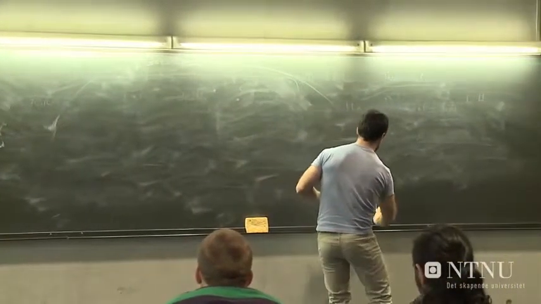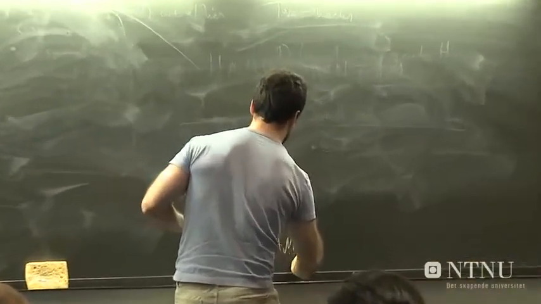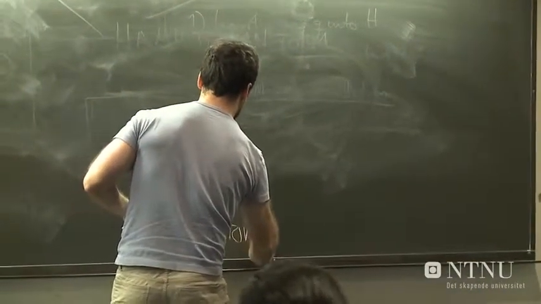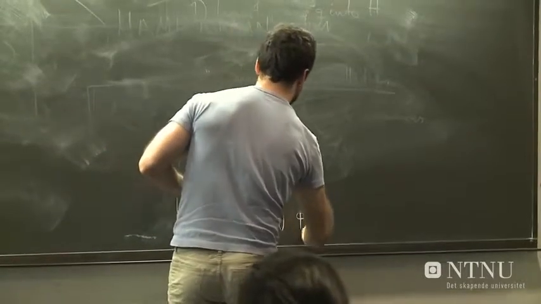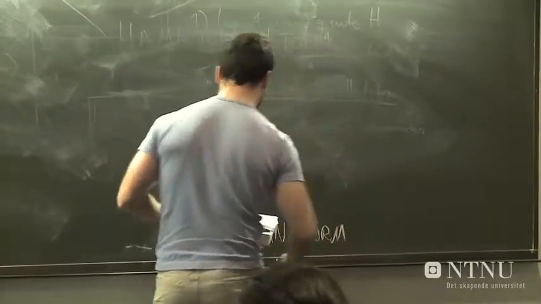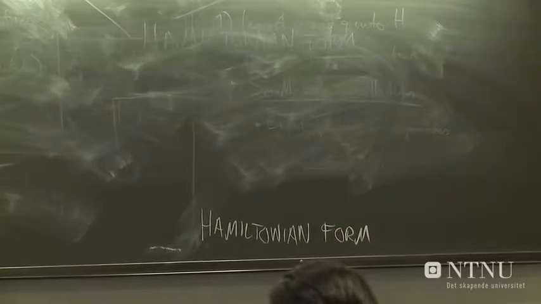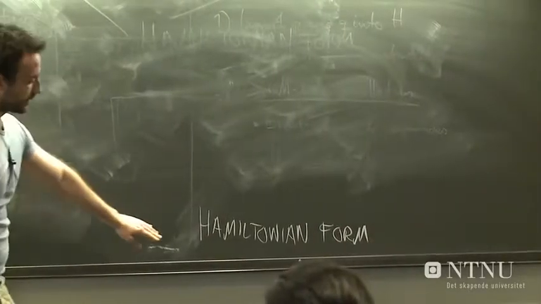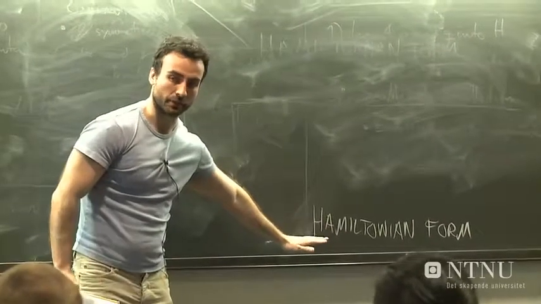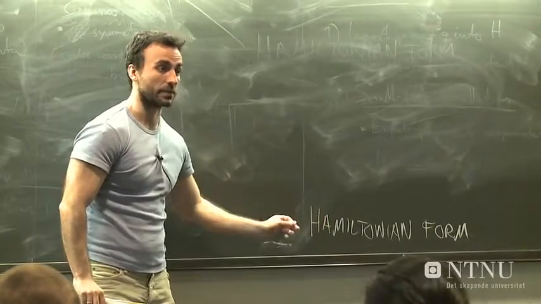So we have Hamilton formalism down here. And there are a couple of features that pertain specifically to the Hamiltonian formalism that we've highlighted towards the end of the course.